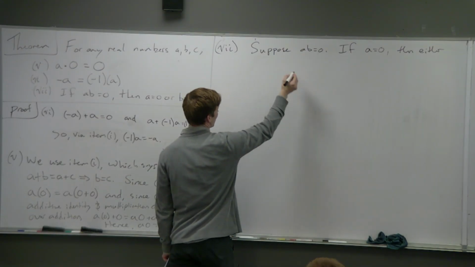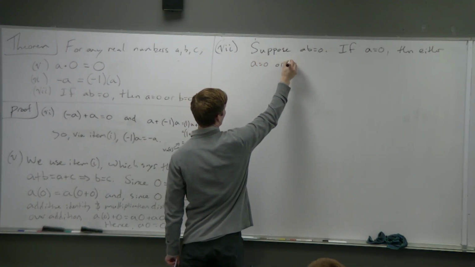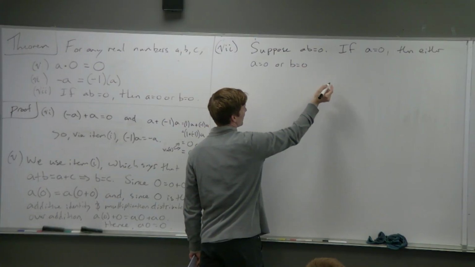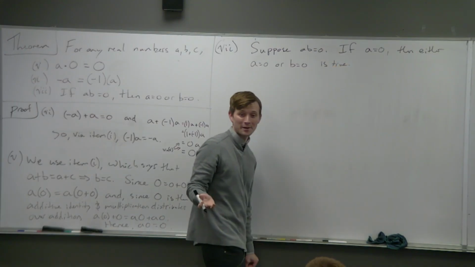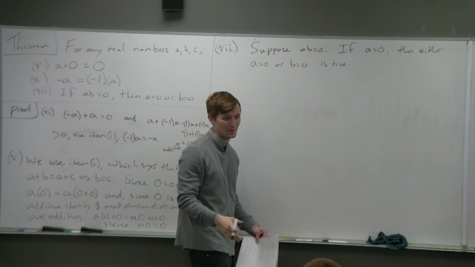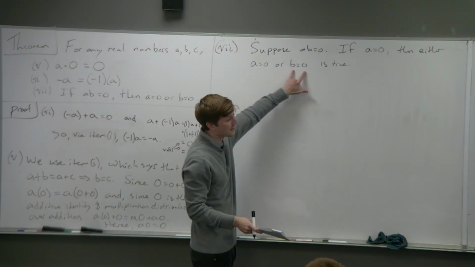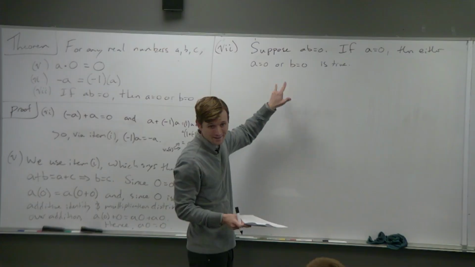If A is equal to 0, then either A is equal to 0 or B is equal to 0 is true, right? That is a true statement. One of those things is true.